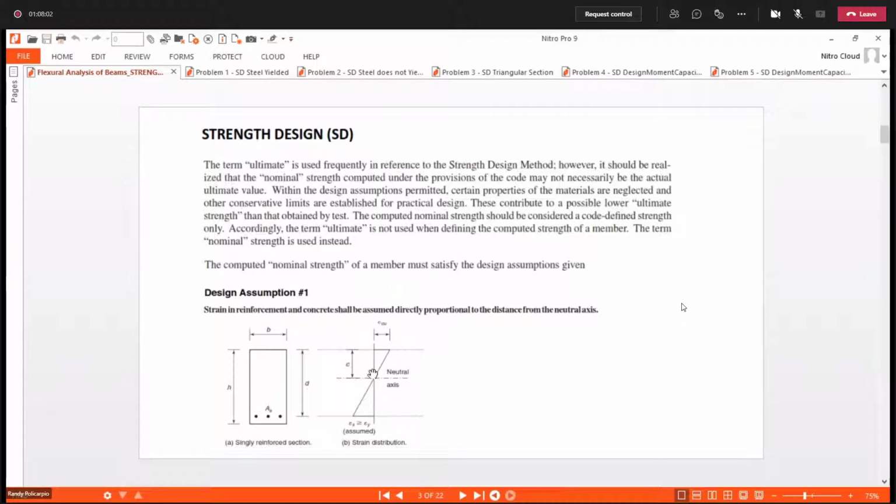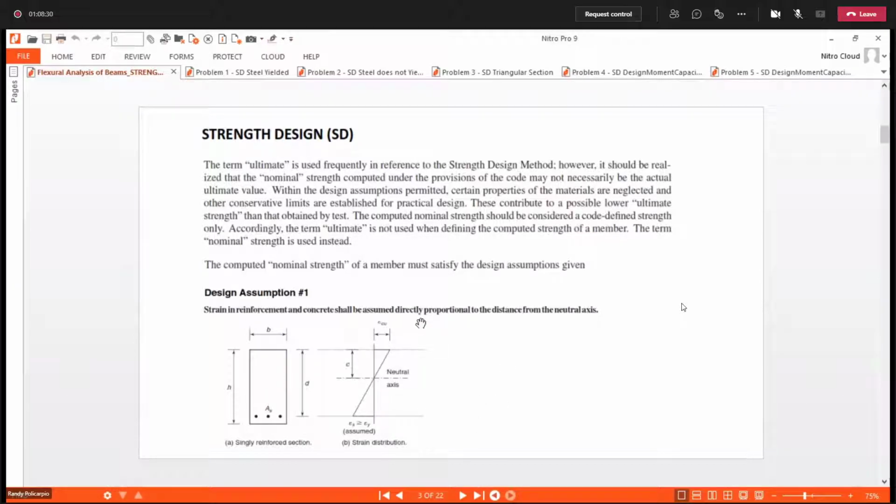So our diagrams, specifically our strain diagram, vary linearly. The relationship is linear, so they are directly proportional.